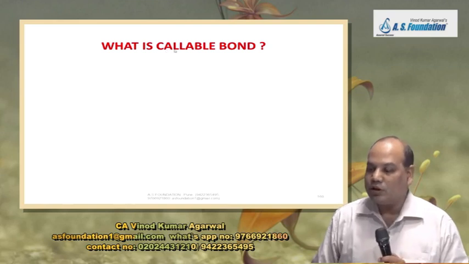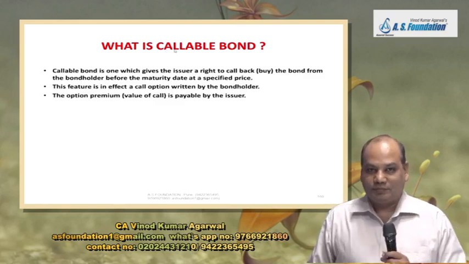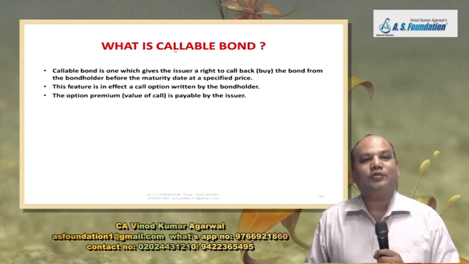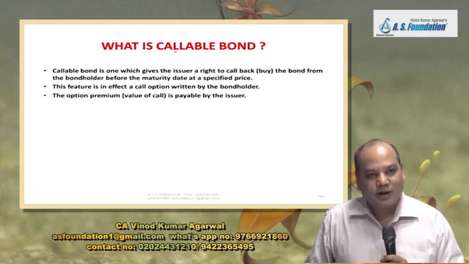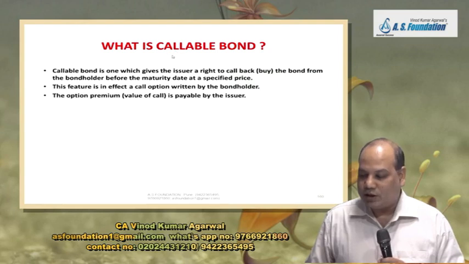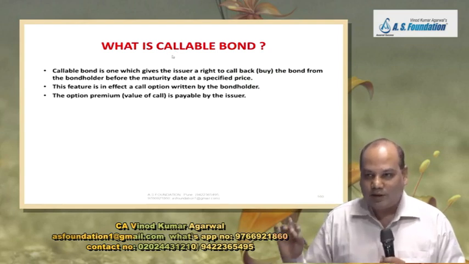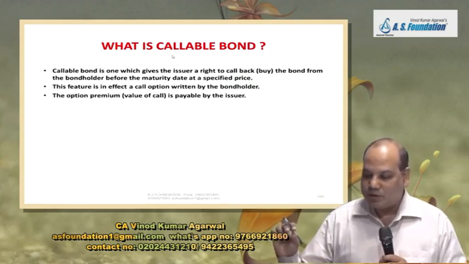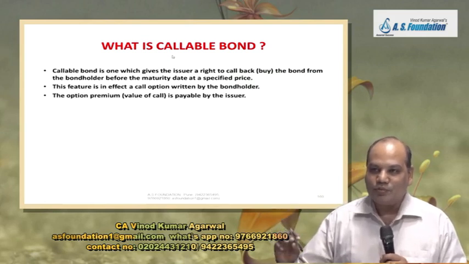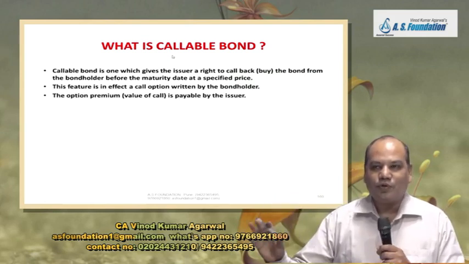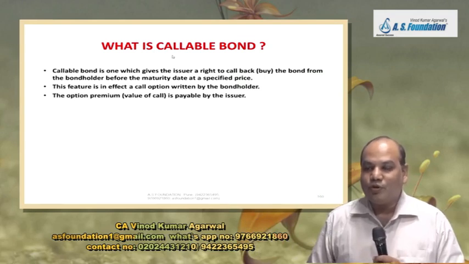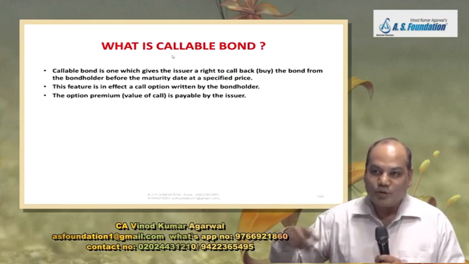So who is holding the option to buy here? The company or the investor? The company. So it is like a call option held by the company, which gives the company the power to purchase the bond before the maturity date. So who is the holder? Company. So who is the writer?